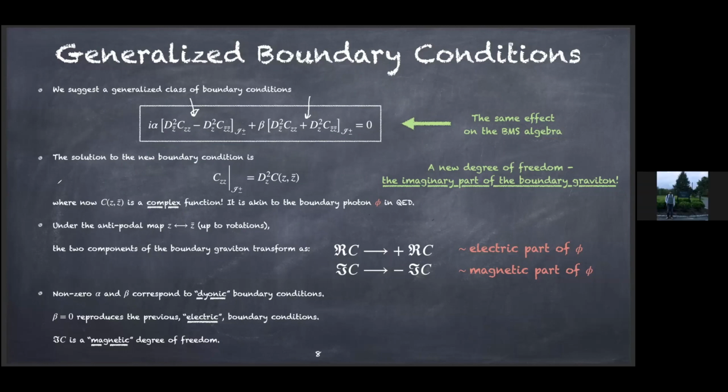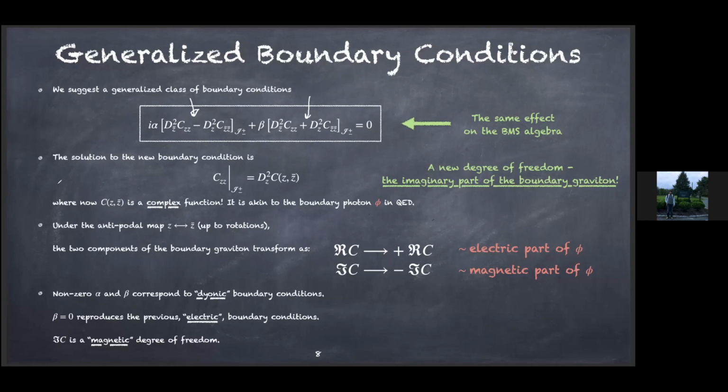Hi, Uri. Can I ask a question? Yes. I'm a bit confused about the counting. So C_zz without any constraint already has 2 degrees of freedom in it. Yes, C_zz and C_z̄z̄. Right. And now you're writing everything in terms of a function C, which is a complex function, so that also has 2 degrees of freedom.